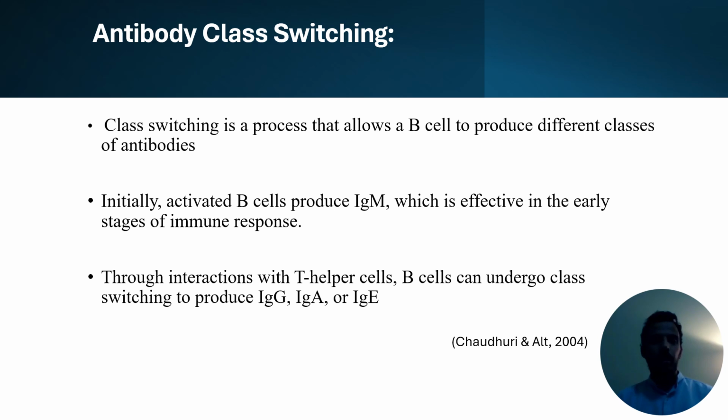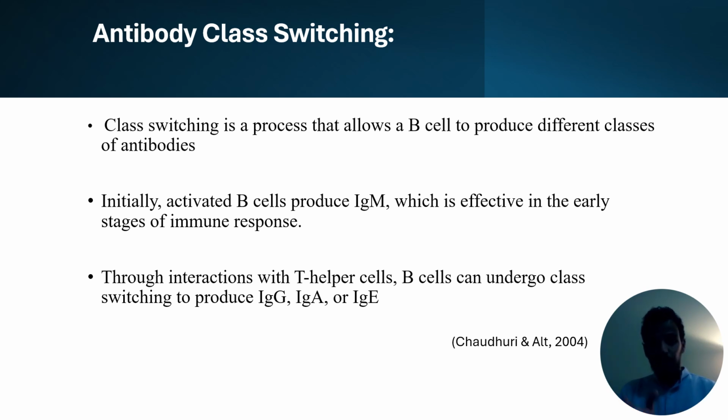Now I'm going to talk about antibody class switching in detail. Class switching is a process that allows B cells to produce different classes of antibodies. Initially, activated B cells produce only IgM, which is effective in the early stage of the immune response.